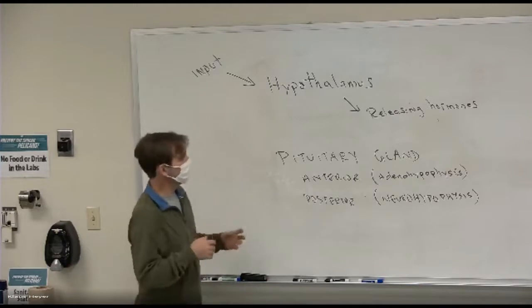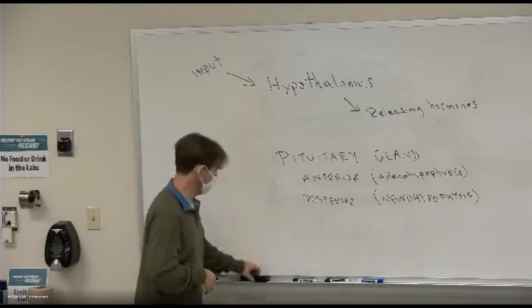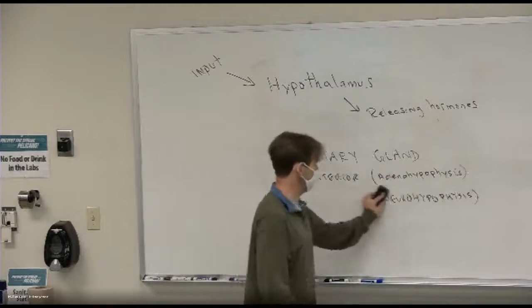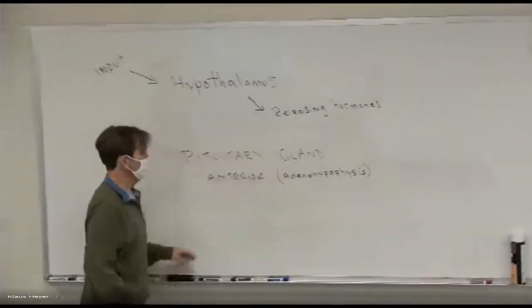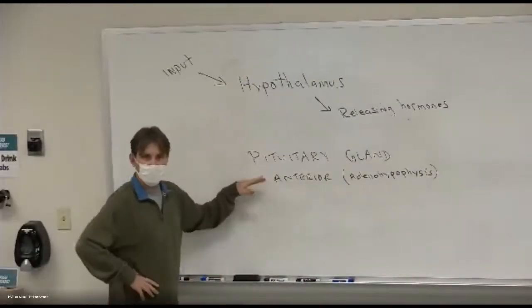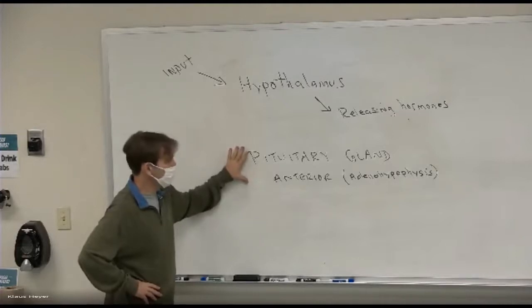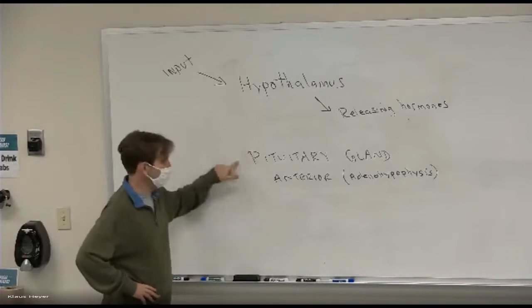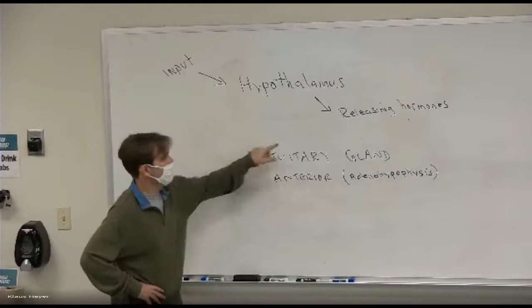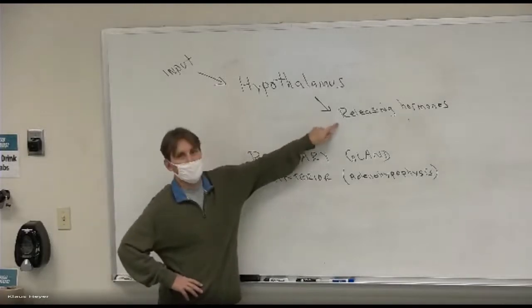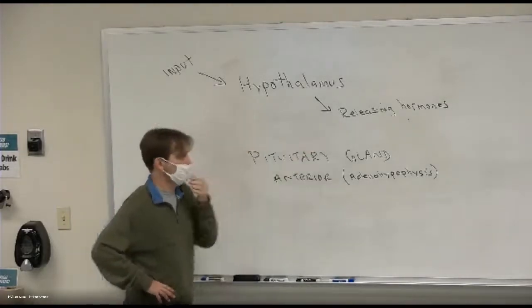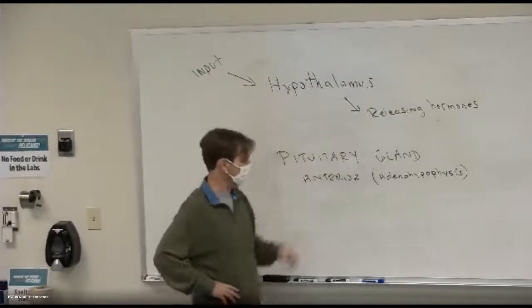So what happens is that first I'm going to do the anterior. And in order for a hormone to be released from the anterior pituitary, the hypothalamus has to first tell it to do that by releasing one of its hormones.